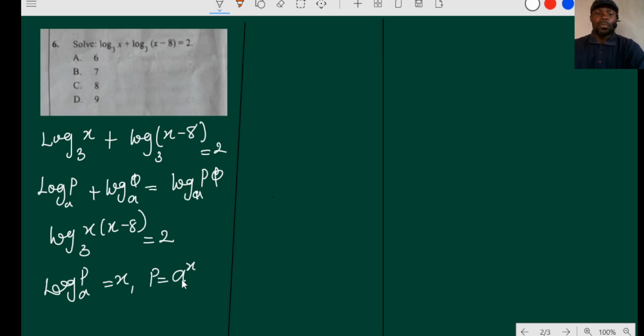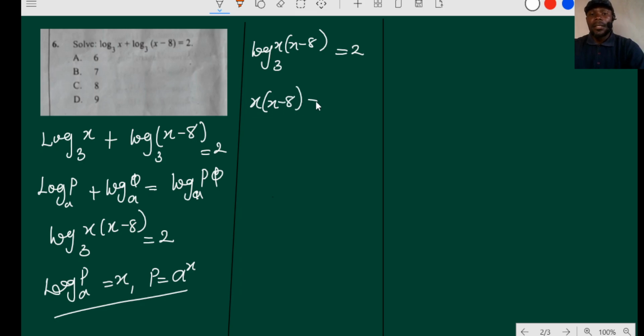So you now apply this law to have x times x minus 8 is equal to 3 squared. So x times x minus 8 is equal to 9, we have x squared minus 8x is equal to 9.